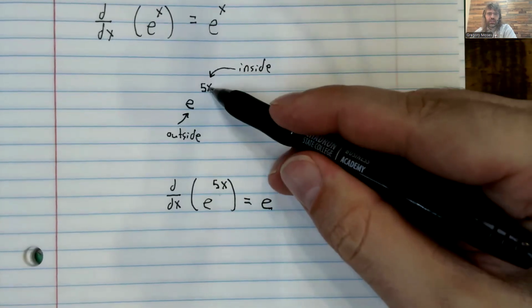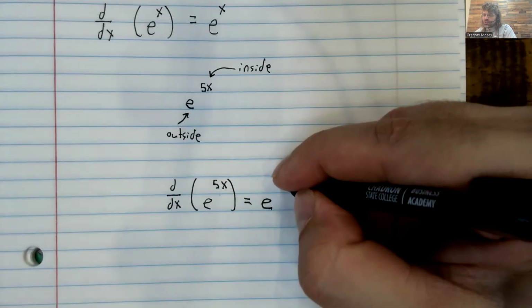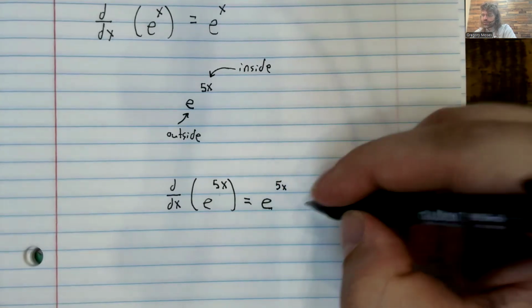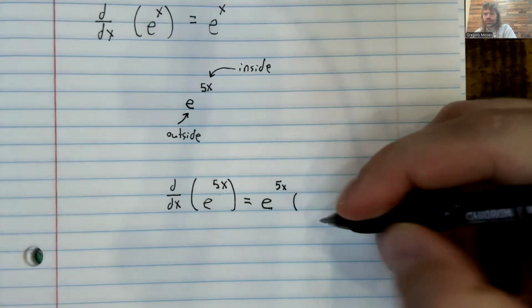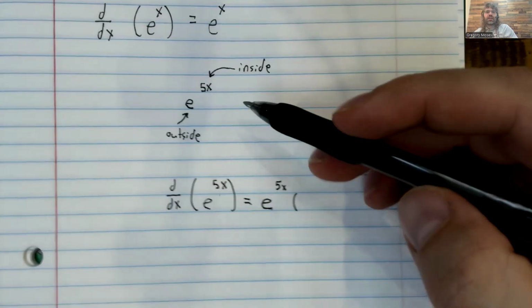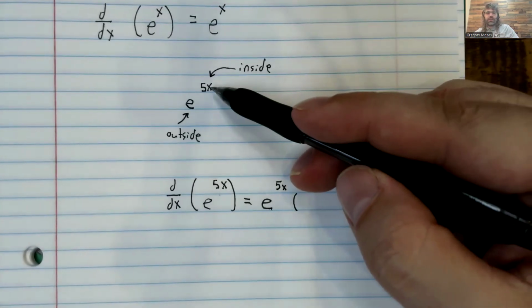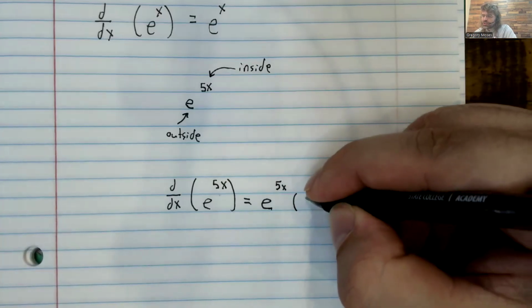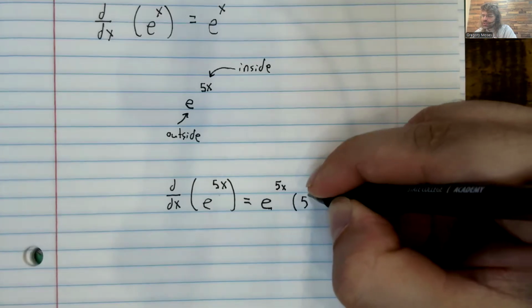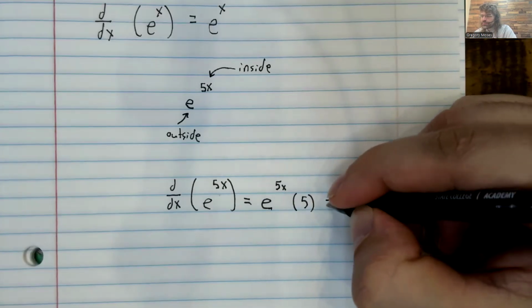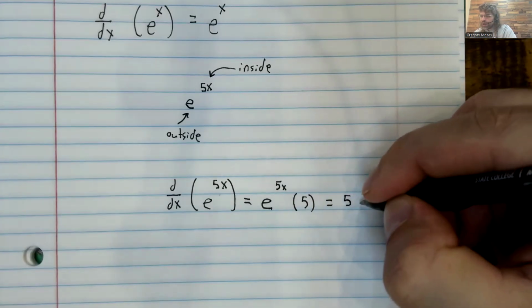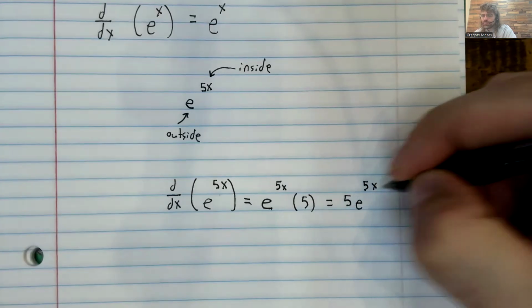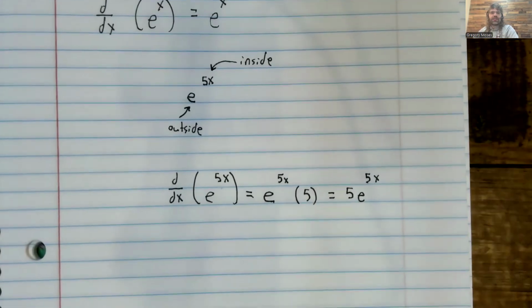Then stick the inside function inside of it, so e to the 5x, and then multiply by the derivative of the inside function. In this case, the derivative of 5x is 5. So 5e to the 5x.